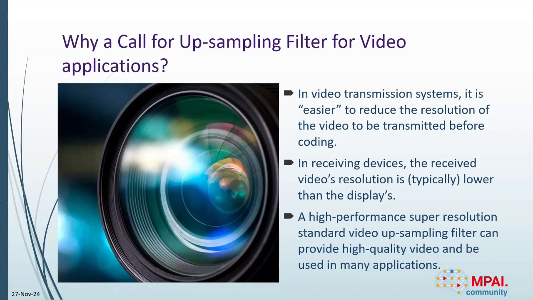On the other hand, in receiving devices, you may receive different videos with different resolutions, but typically the received video's resolution is lower than that of the display. And therefore, a high-performance, super-resolution standard video upsampling filter can provide a high-quality video and be used in many applications.